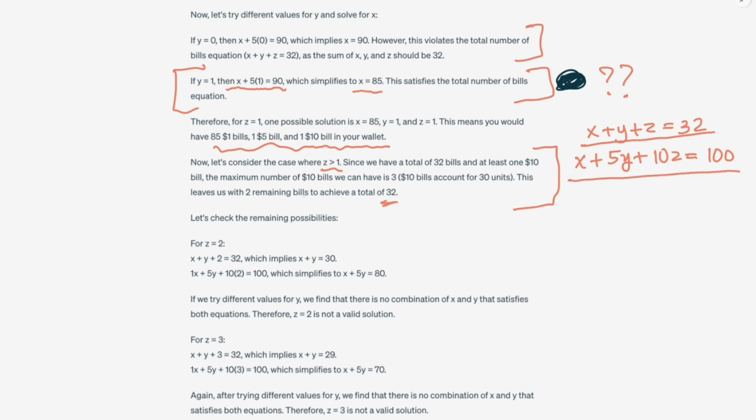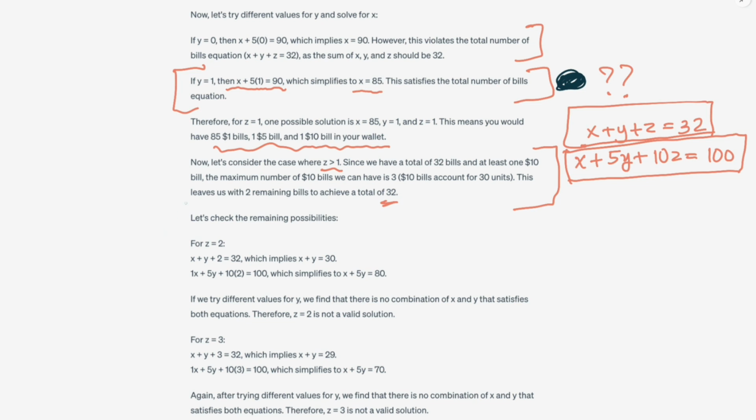Now he's saying that since we have a total of 32 bills and at least one $10 bill, the maximum number of $10 bills we can have is 3. So he seems to be using this equation to say that because of that equation, the maximum number of $10 bills we can have is 3. But that's not the equation he should be using to check that. This is the equation he should be using to check that. Okay, so he goes on.